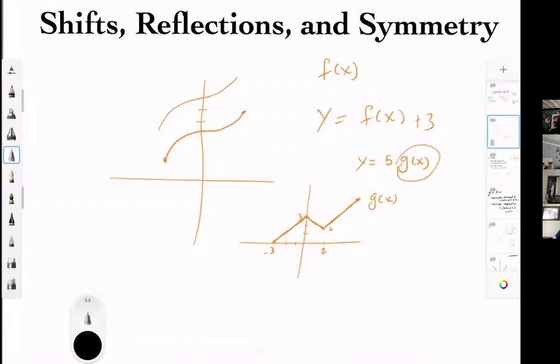The x value here is negative 3, 0, correct? This point is going to be 5 multiplied by the value of y. So this point will stay the same, but this 3 will be 15. This point was 2, 2. The x will stay the same, but the value of y will be 10. And this point is going to go like this. So they ask us to graph it.